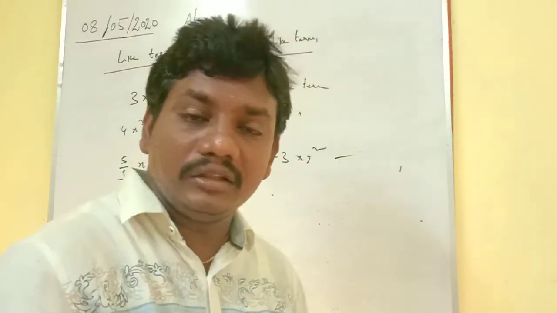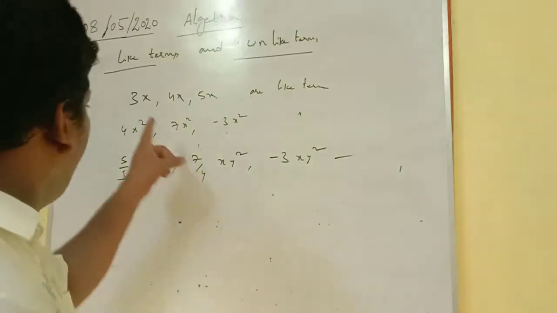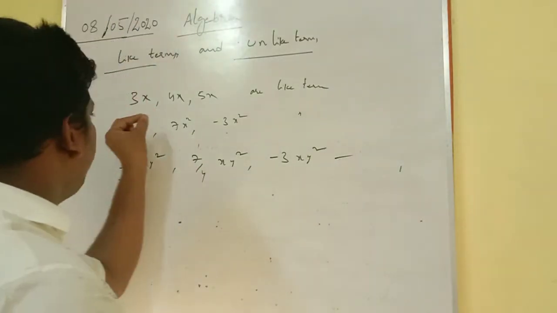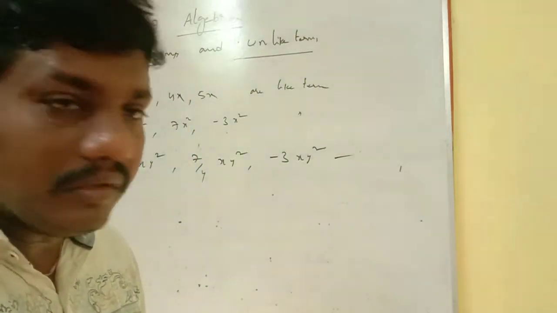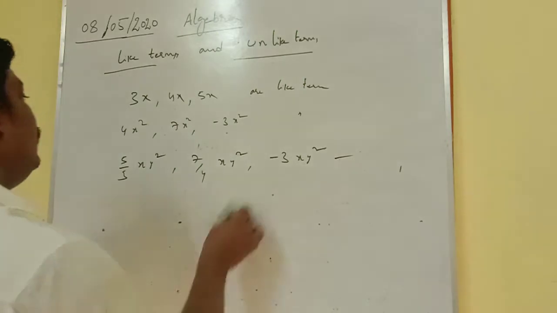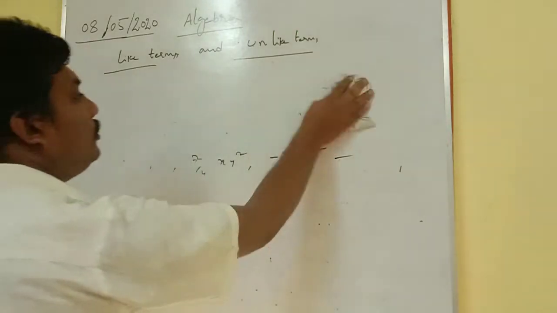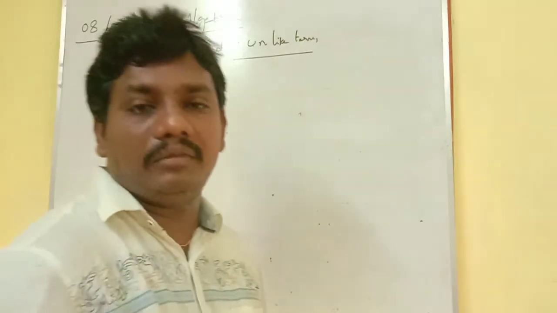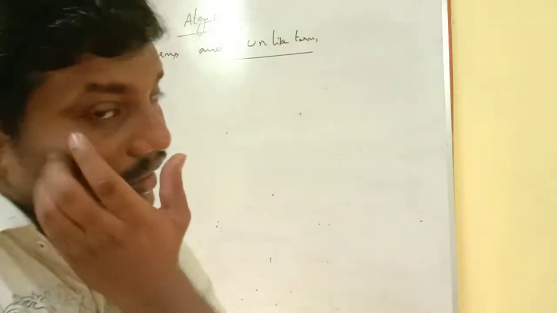Like terms in the sense, algebraic terms which have the same variables are called like terms. Unlike terms means different variables. Algebraic expressions which have different variables are called unlike terms.